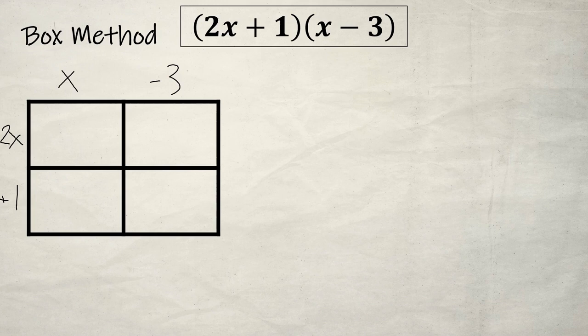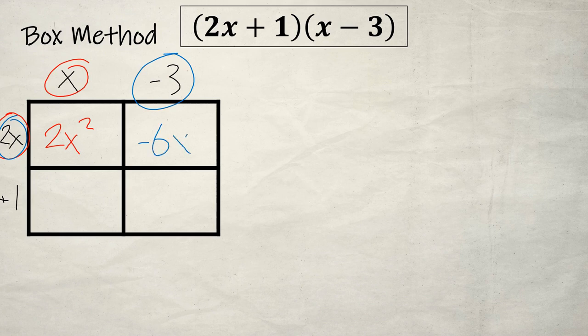So here we have our 2x times x gives me 2x squared. And then I'm looking at negative 3 times 2x gives me negative 6x. I have positive 1 times x gives me x. And I have negative 3 times positive 1 gives me negative 3.